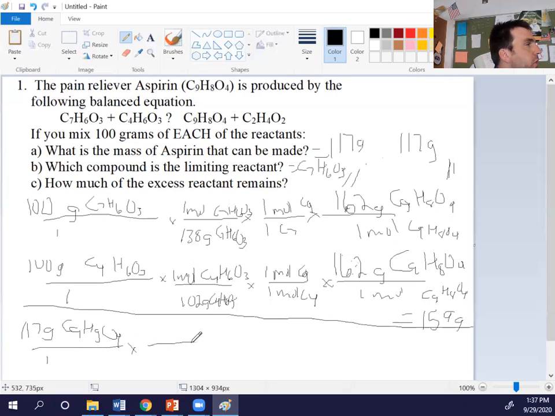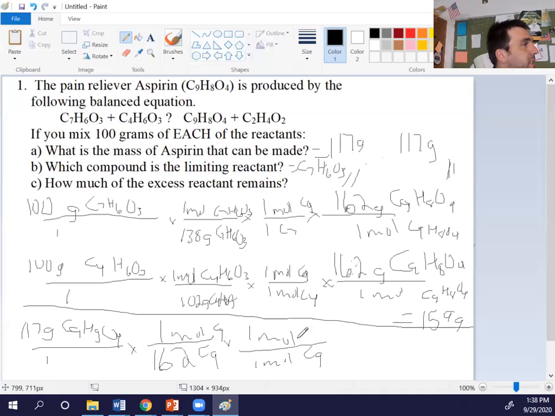So I have most of the numbers already figured out. I know the molar mass of C9 is 162. I don't know why I keep saying 168. I'm just going to write 1 mole of C9 times 1 mole. That's 1 mole of what? C9.